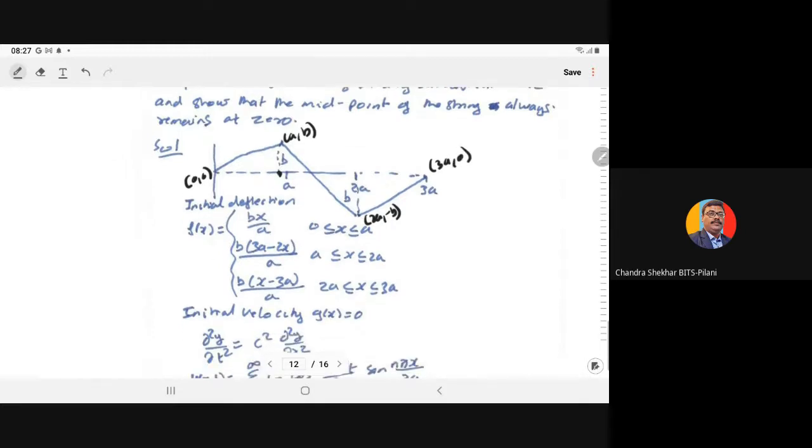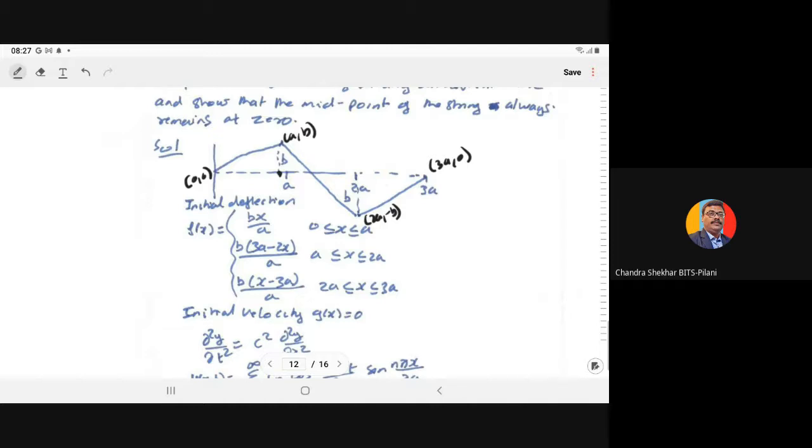From here, now you know how to write the equation of a line: y minus y1 is equal to (y2 minus y1) upon (x2 minus x1) into (x minus x1).